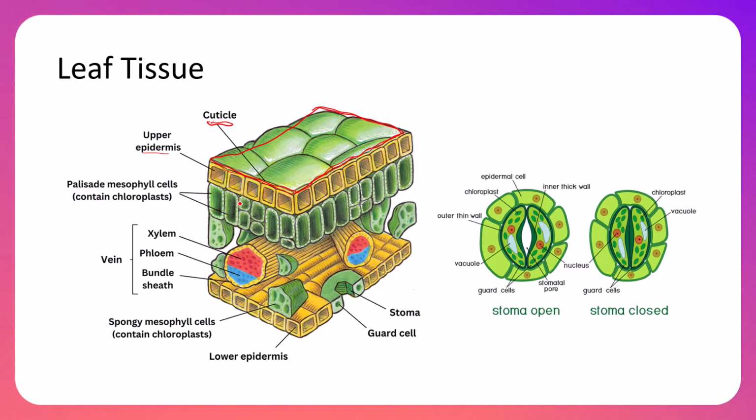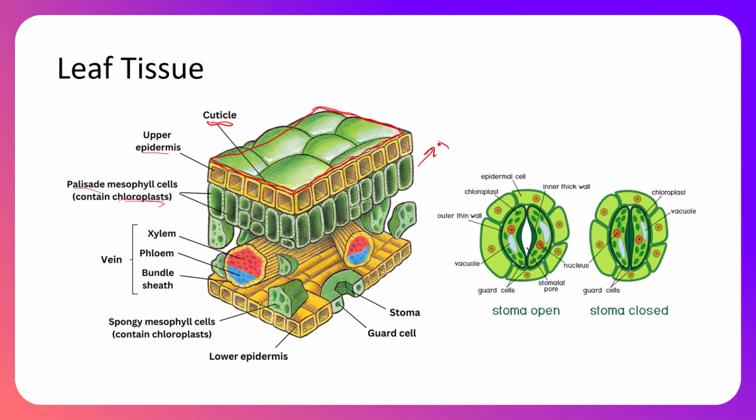If you move inside from that upper epidermis, you'll see the green layer. We call this the palisade layer. It is the first of the mesophyll layer. The palisade layer contains all of the chloroplasts, which we'll get to in the next slide, but the chloroplast contains the photosynthetic pigment, which is chlorophyll, which is where all photosynthetic activity takes place.